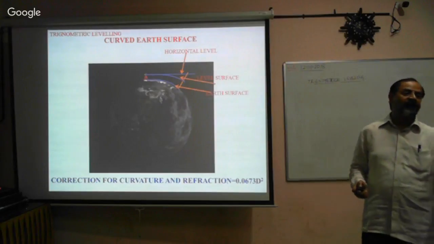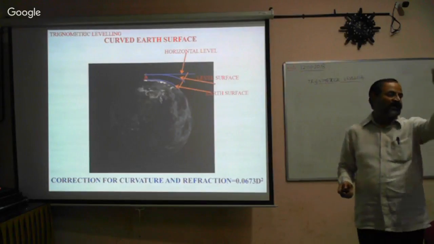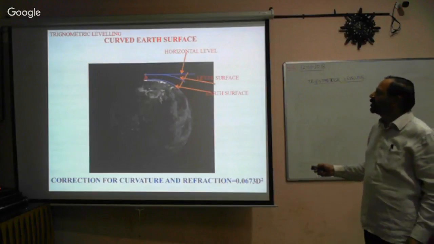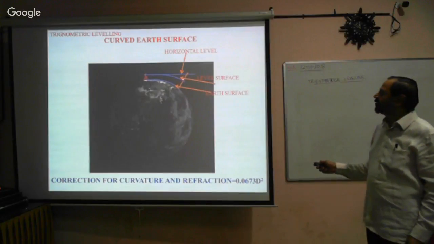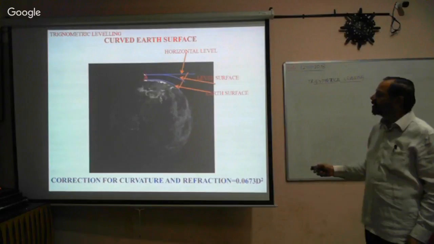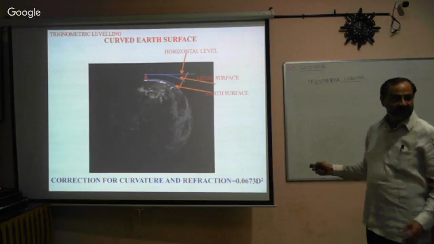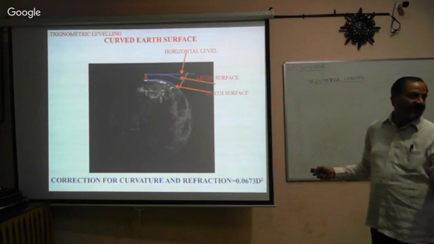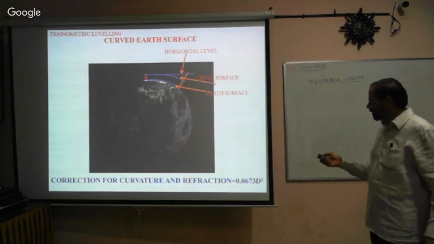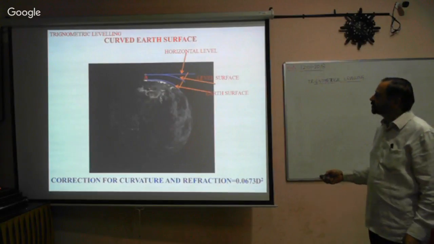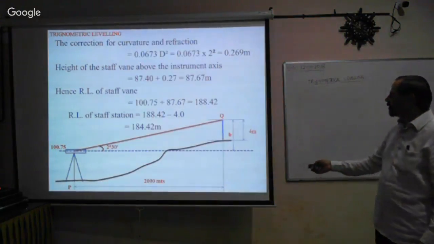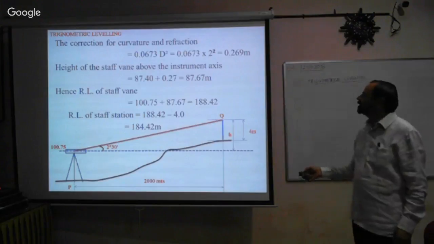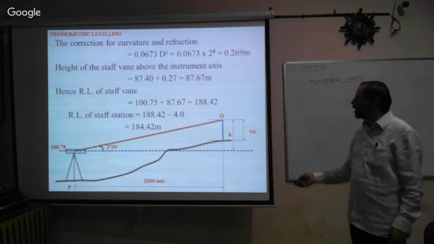When the sides are too large, for example, this is the curvature effect. If the distance from the instrument station to the object is small, then the error effect will be less, isn't it? Then you have to decide while calculating it. Okay, the same problem we have discussed now. This is the solution for the problem.